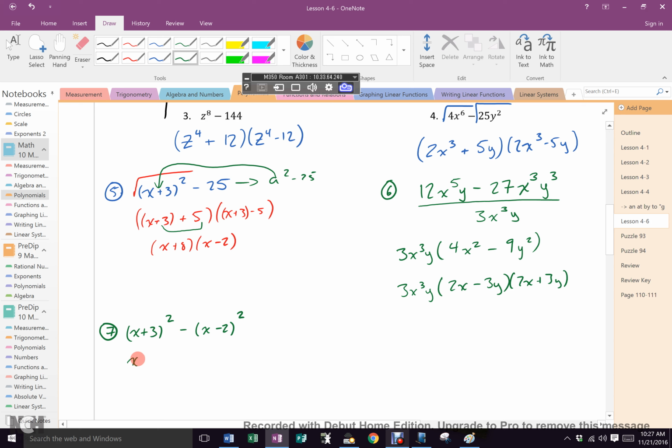X plus 3. Plus, what's the square root of that? X minus 2. Agreed? And then I just write that again. X plus 3 minus x minus 2. And then what do I do in both those brackets?